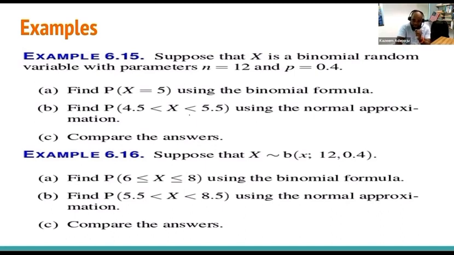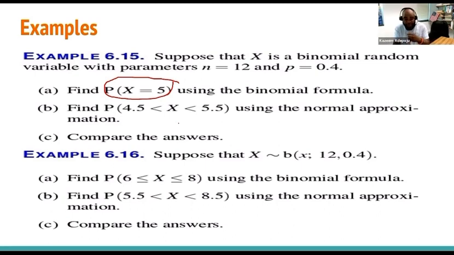So that is exactly what I'm trying to say. In binomial, we can do X equal to 5. If I want to use a normal approximation, I'm actually going to create an interval for that. Don't forget, we normally have a continuous random variable in an interval.